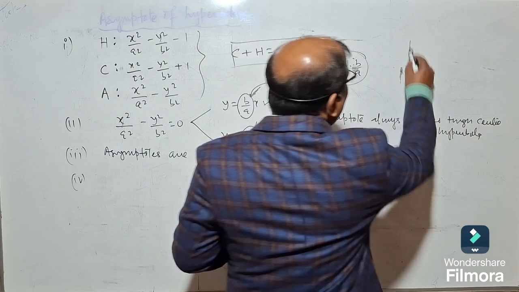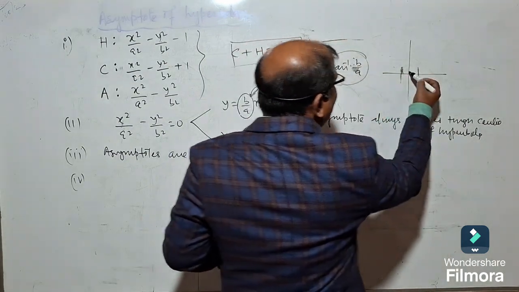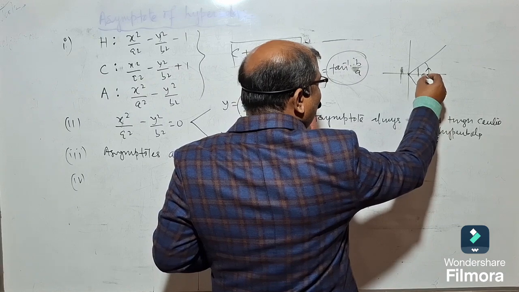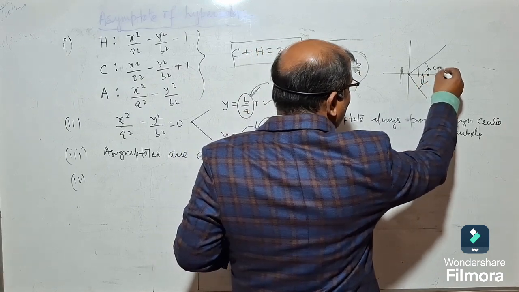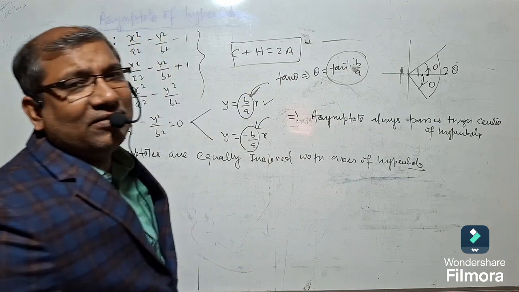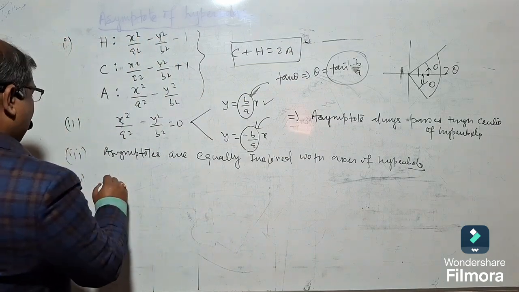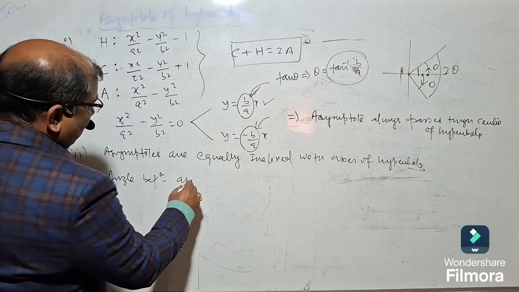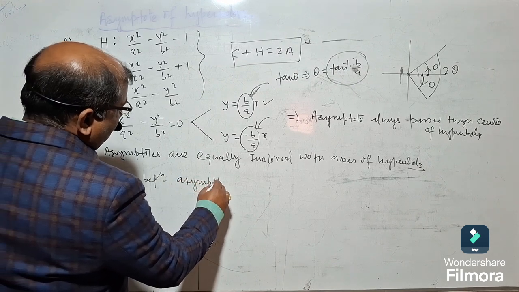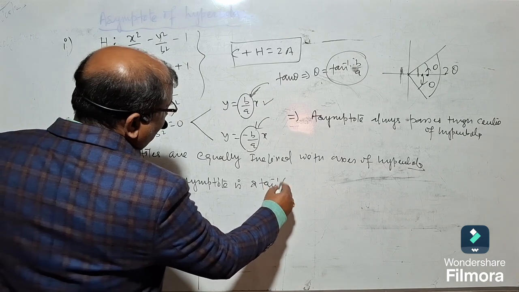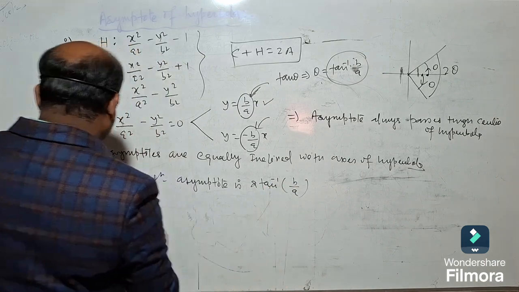So one line is making angle theta in anti-clockwise direction with the x-axis, and the other line is making the same angle with the x-axis in clockwise direction. So the angle between asymptotes is 2 theta, that is 2 tan inverse b by a.